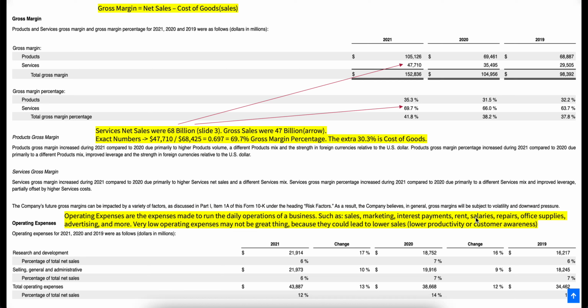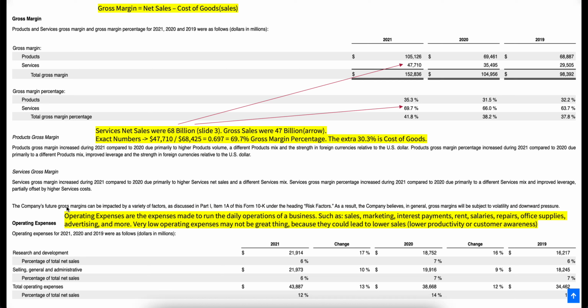Or if you cut down on salaries, if you cut down on repairs or office supplies, your employees could feel worse, and so that could lead to lower productivity. So less salaries, lower productivity, less advertising, lower customer awareness, thus lower sales. You have to be very careful about not thinking that cutting down on operating expenses is going to necessarily provide more actual bottom line, more net income for the company.